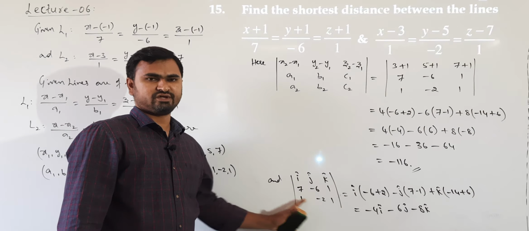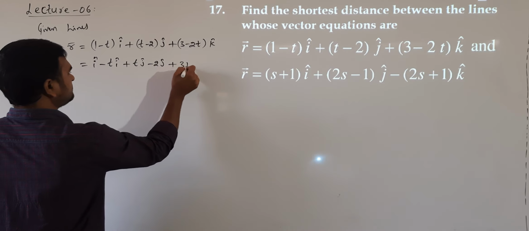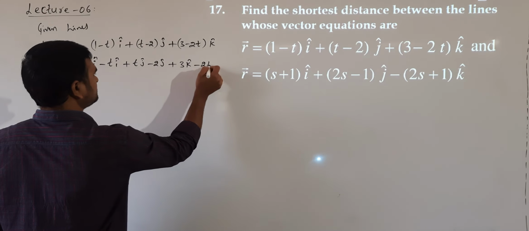Here t is a scalar. Usually we write lambda, but here t is the scalar. So multiply i, j, k to each term. So it is i minus t into i, t into j minus 2j, 3 into k minus 2t into k.